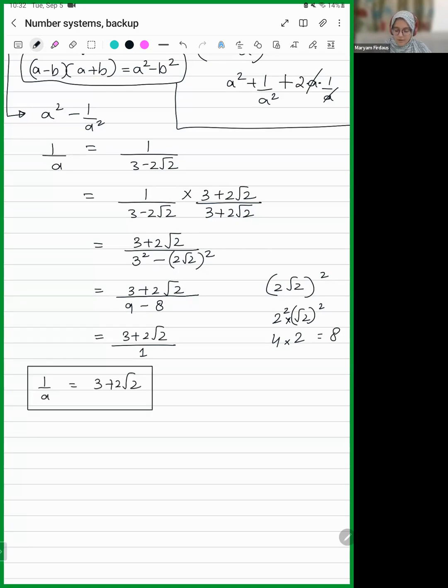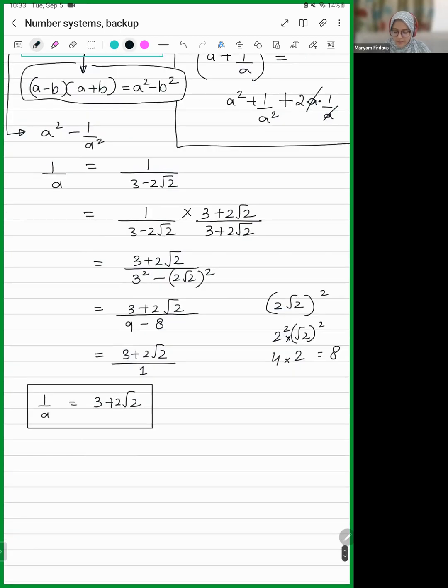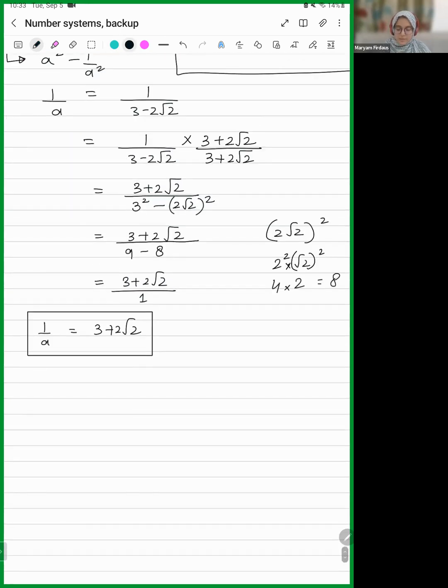So we have found our 1 by a. So we can easily find a minus 1 by a and a plus 1 by a. What we actually needed to find was a square minus 1 by a square. So we will write it like this. This is the way of writing the answer.